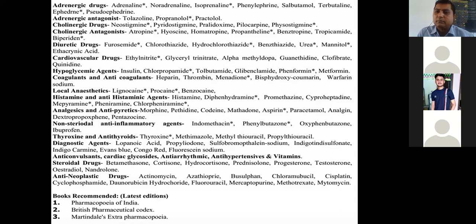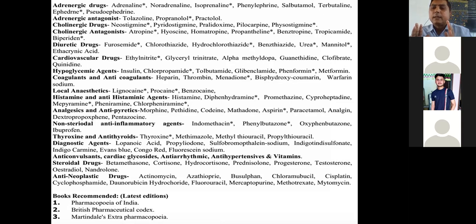Although it's a whole year and we will cover it all, only the asterisk-marked compounds, like hydrochlorothiazide, propantheline, and accordingly aspirin, have an asterisk mark in the syllabus. So the chemical structures of these compounds we will discuss. The other part we will discuss is the pharmacological part.